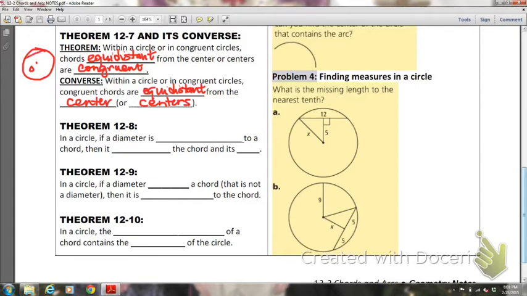If we have a chord, equidistant means that the perpendicular distance from the center, so that perpendicular distance, we'll draw another chord on the other side, and we'll draw another perpendicular distance. If those two distances from the center are congruent, they're equidistant from the center, then that means that those chords have to be congruent.